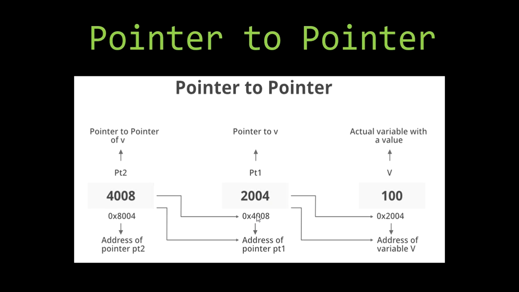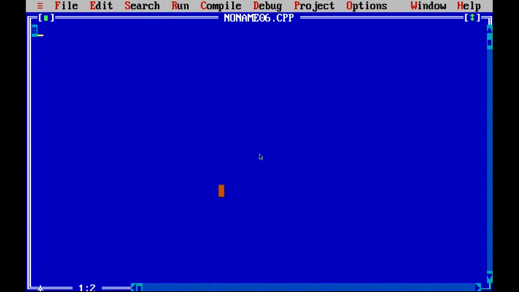So we are just having the address 4008, that is nothing but the address of the pointer 1 and accessing from pointer 2.